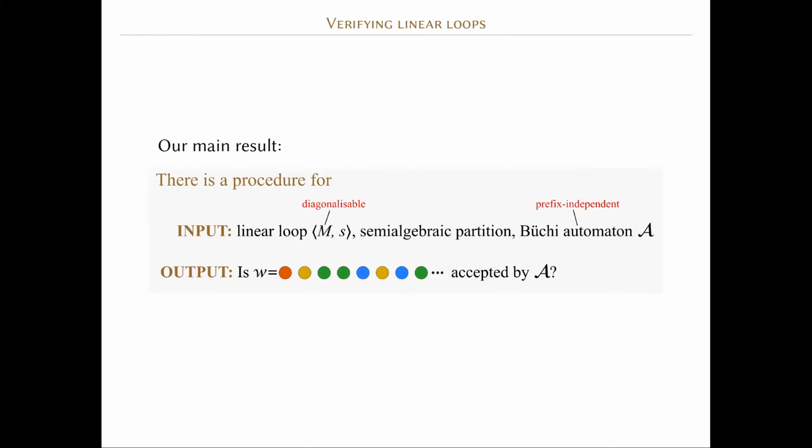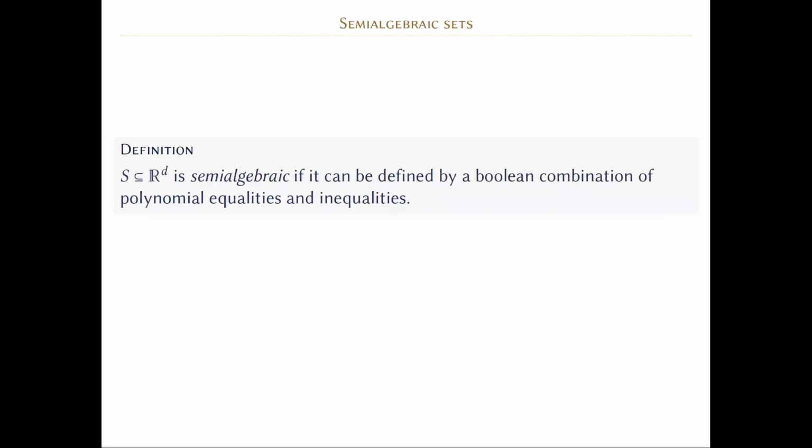To obtain this result, we use the theory of linear recurrence sequences, and the same analysis also tells us why these restrictions of diagonalizability and prefix independence are necessary. Next, I'll try to elucidate this connection to linear recurrence sequences.